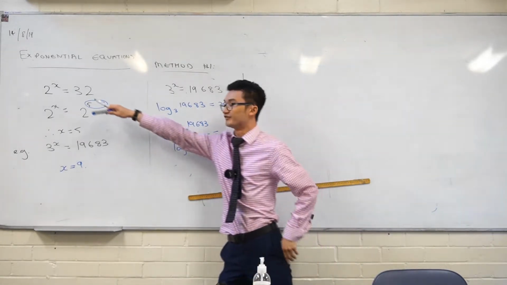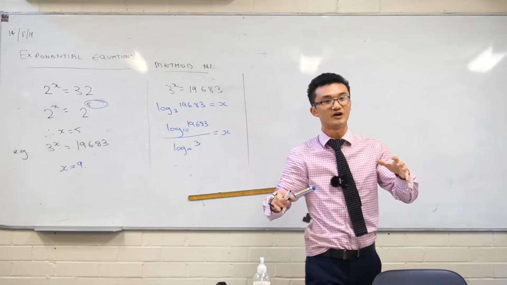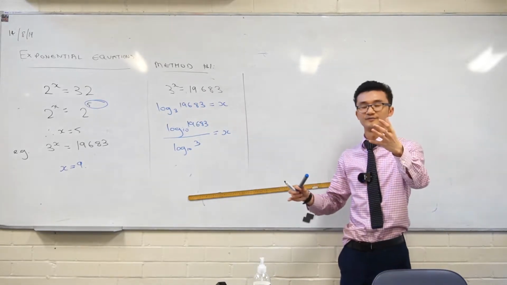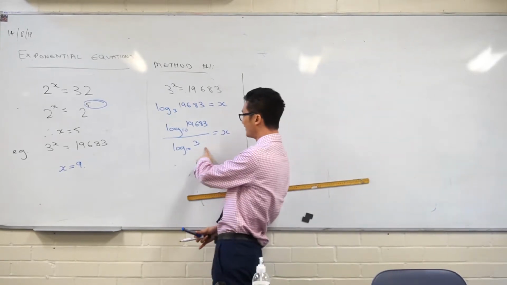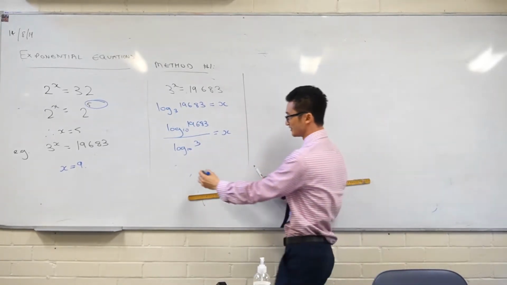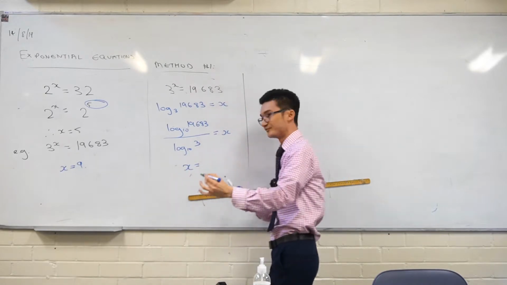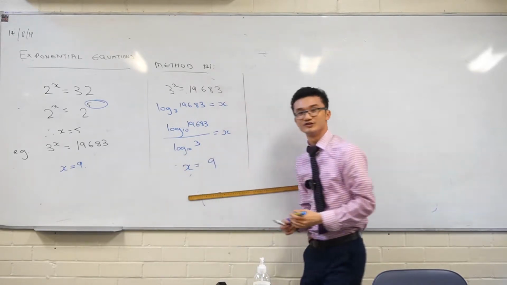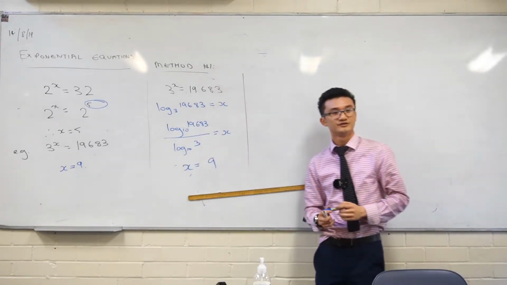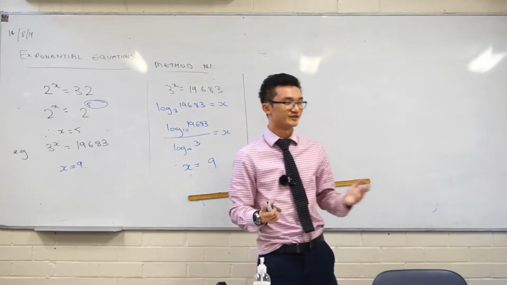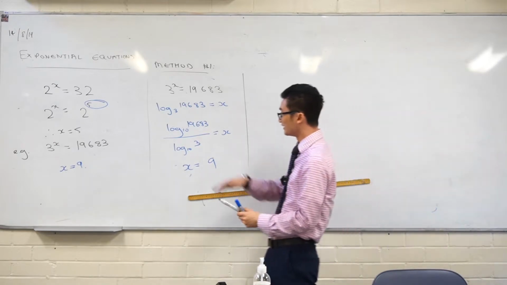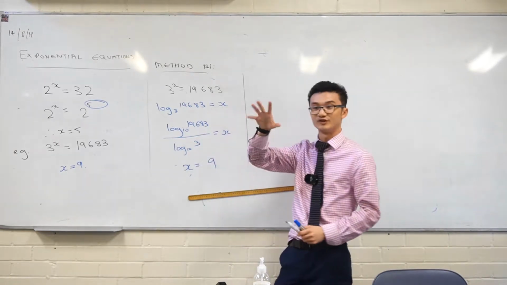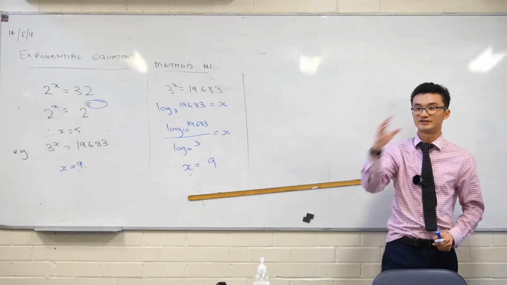We tried it with values like log 32 over log 2, you got 5. So over here, if I put this in, what does x equal? 9. It doesn't matter which base I choose, 10 or e. When you put in this log, you can choose whichever log you want. It doesn't matter.